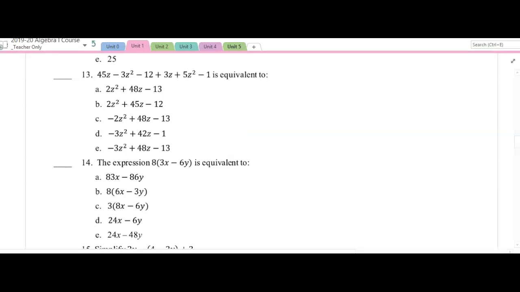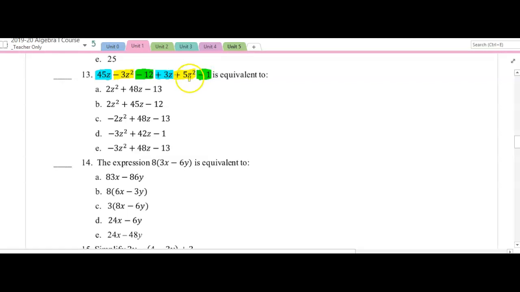Now we're going to combine our like terms, so I'm going to look at all of the z-squared terms. And then all of the terms with just a z. And finally, all the constant terms. Terms that are just numbers.